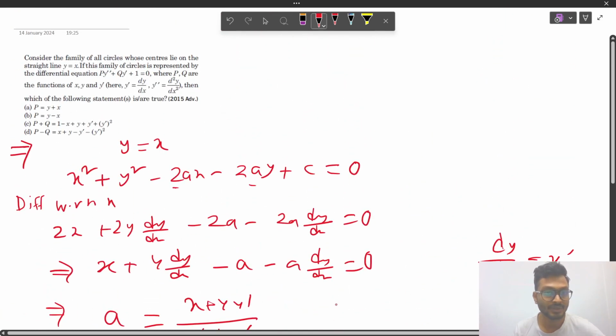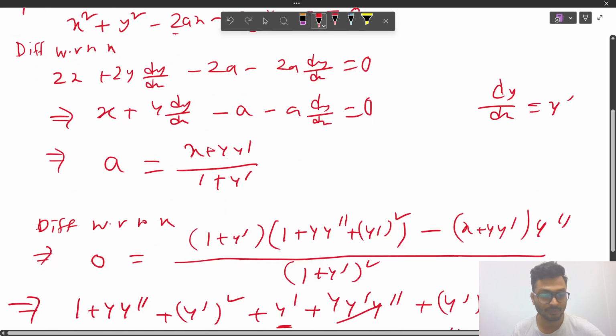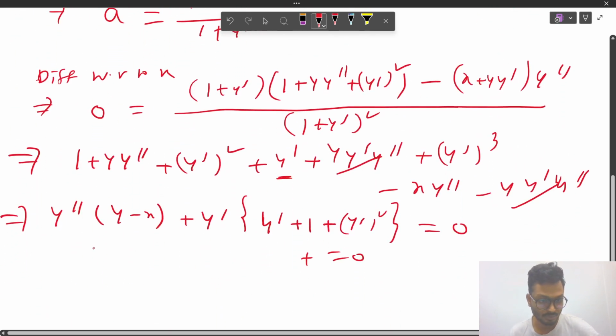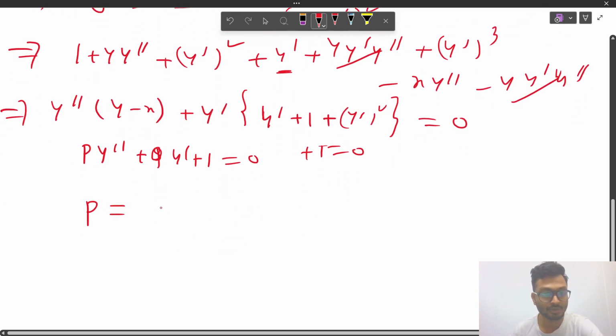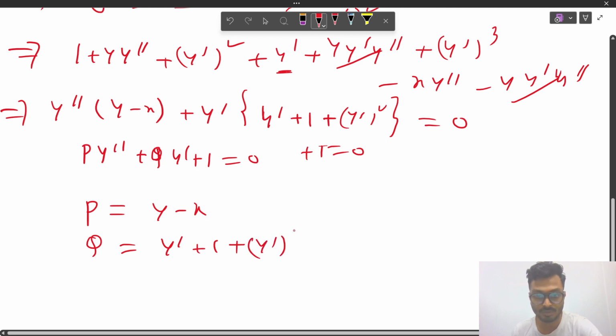Now compare this with the given equation p y double dash plus q y dash plus 1 equals 0. What we get is p equals y minus x, and q equals y dash plus 1 plus y dash square, right?